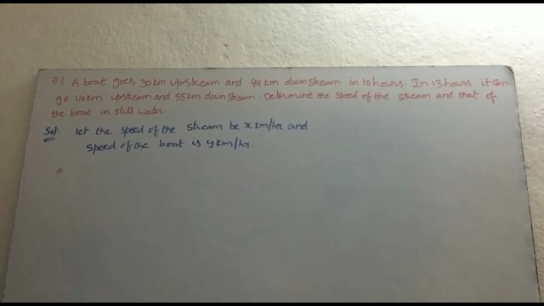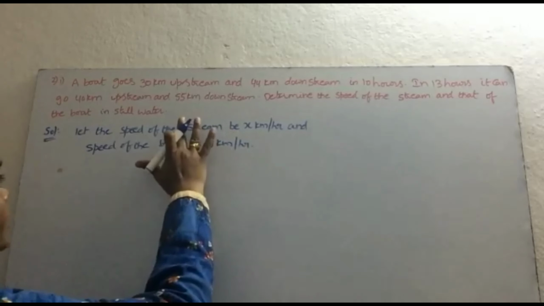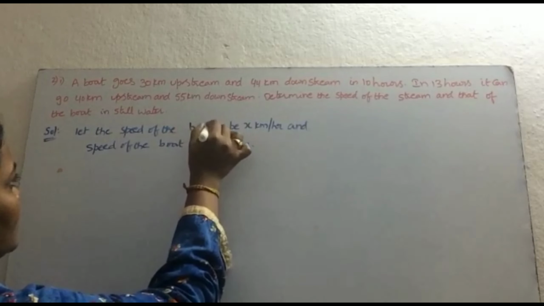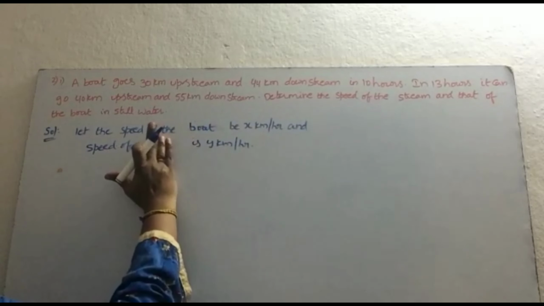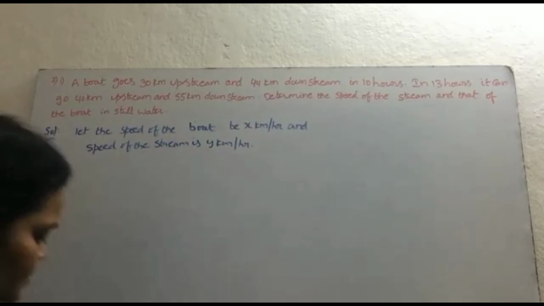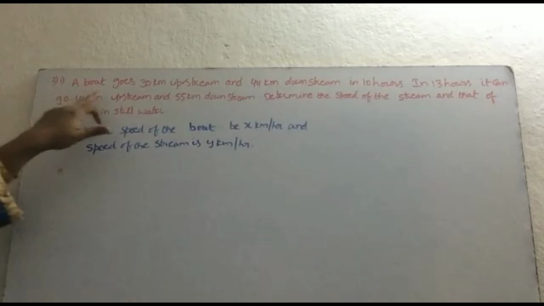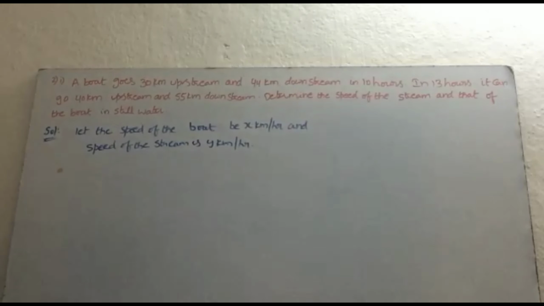So speed of the boat is x kilometers and the speed of the stream is y kilometers. Now they gave 30 kilometers upstream and 44 kilometers downstream.